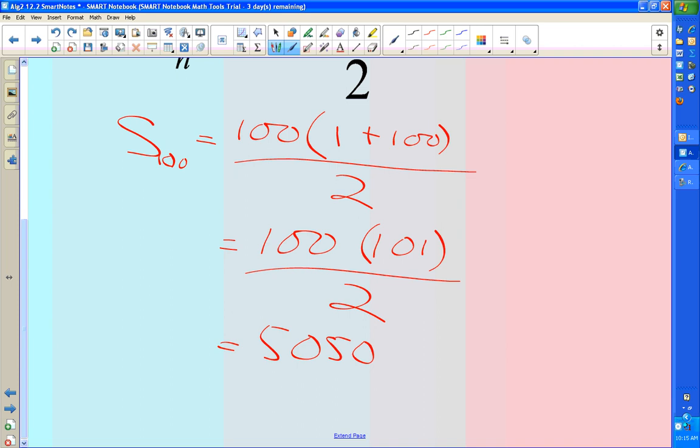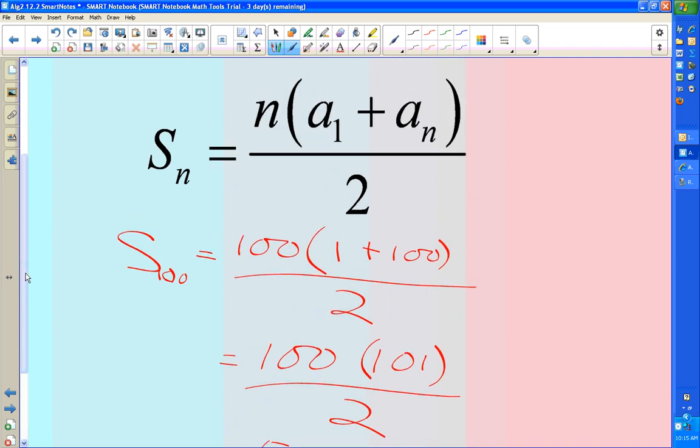And what you need to know is that this formula works for any arithmetic sequence that is finite. As long as you only want to find a finite number of terms for the sum, you're good to go. If it's infinite and it says find the sum of the sequence, can't be done. If it's finite, good to go. Don't even need to know what t is. Doesn't matter.